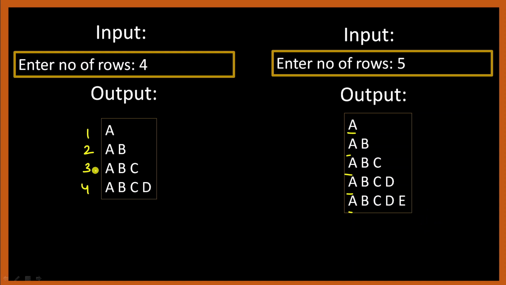Now here you can see in English we have A, then B, then C, then D. So if we take the third row, the characters are in sequence: after A, B is there, then C is there. They are in increasing order. For example, if we consider A as 1, B as 2, C as 3, then it is 1, 2, 3, increasing order.